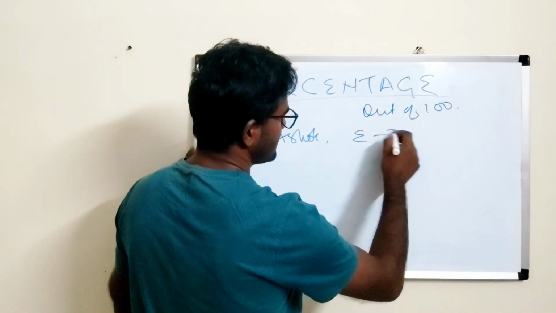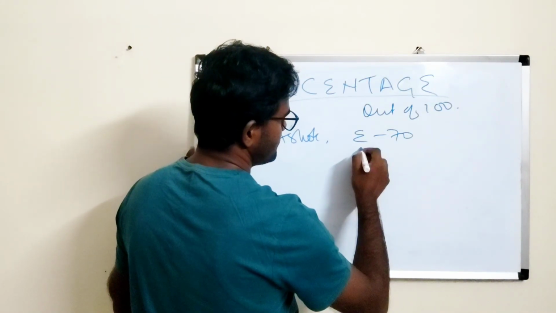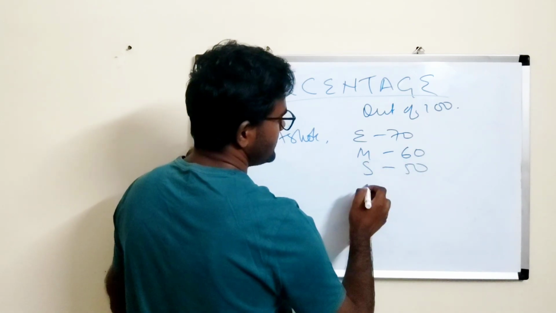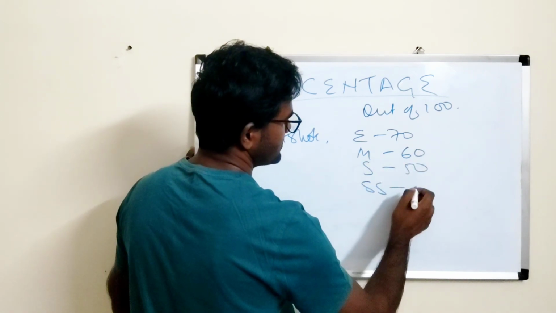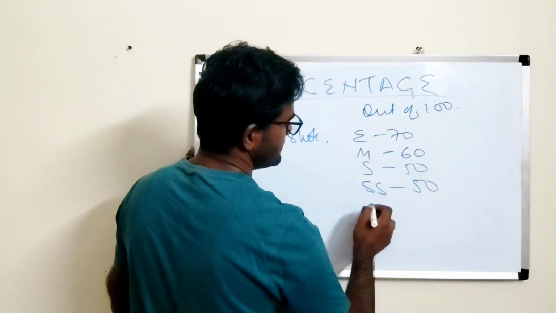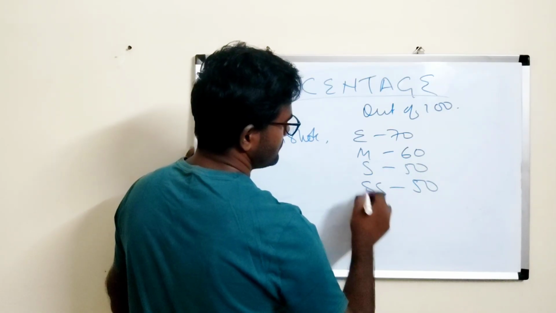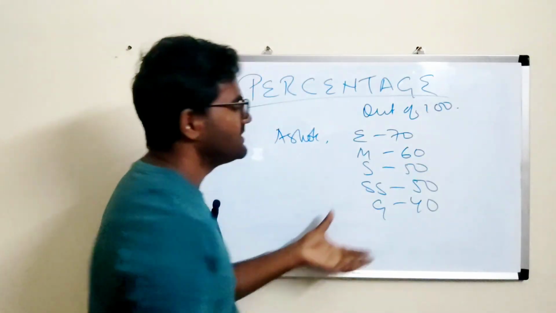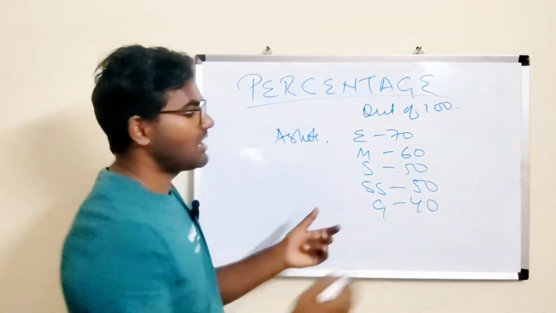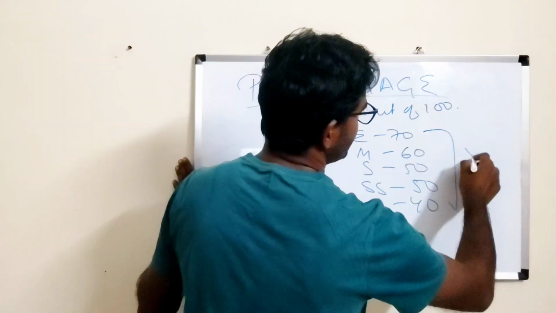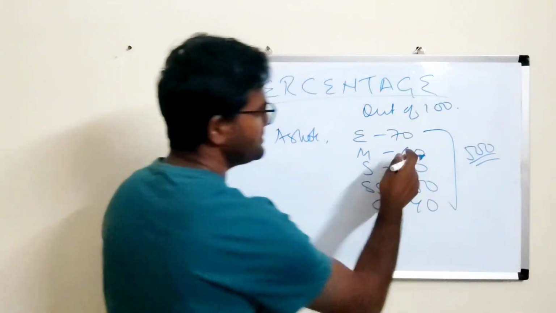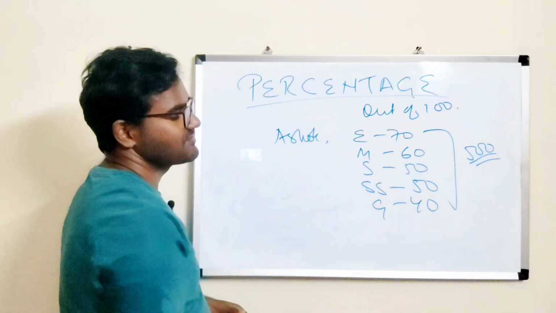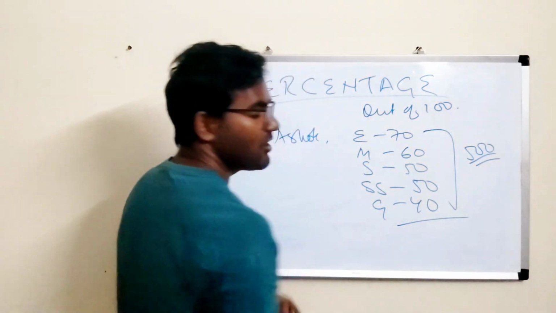In English, suppose I got 70, in maths I got 60, in science I got 50, in social science I got 50, and in the last subject I got 40. So these marks I have got, but out of what? Out of 500, alright? Out of 500 I got these marks, because there are 5 subjects, 1 2 3 4 5. So if we add them, how much will I get?